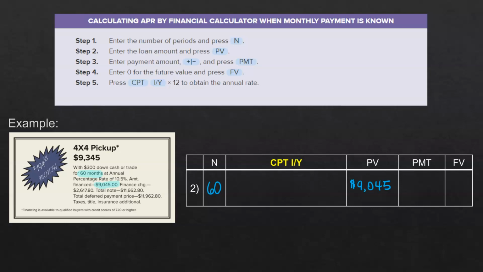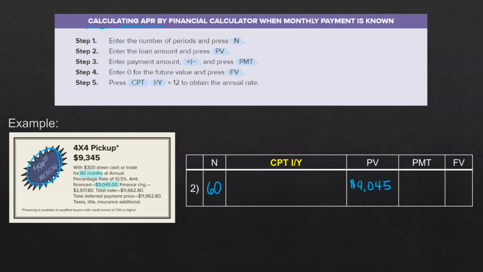And then enter the payment amount. So this actually tells us the payment amount, because notice we're calculating APR on this example. So the payment amount is right over here. You might not notice it because it's not within the text over on the part that we're reading. Our payment amount is $194.38.